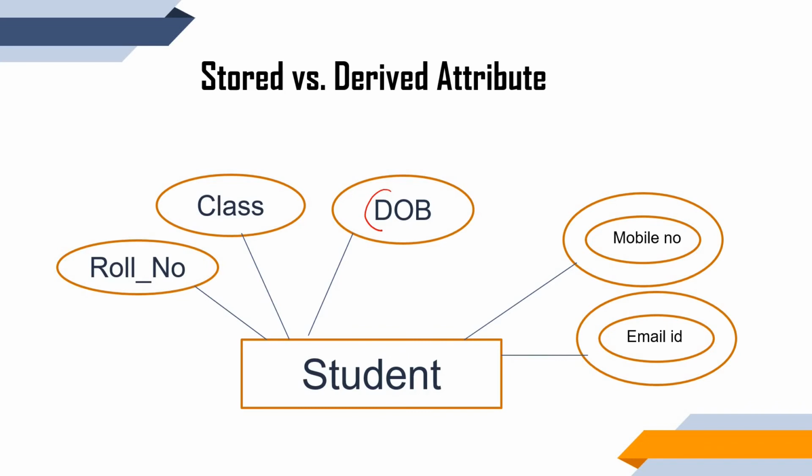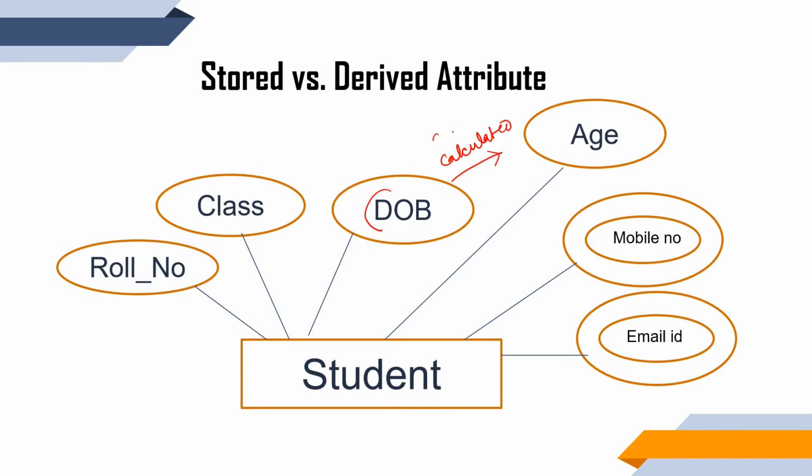Now, if I ask you the age of the student, you need not store age along with the date of birth in the same table, right? Because age can be calculated when the system is run, directly from the date of birth. So age should not be stored in the database, and definitely it saves some space, because we are not storing age data for all the students. That's why age will be called a derived attribute.